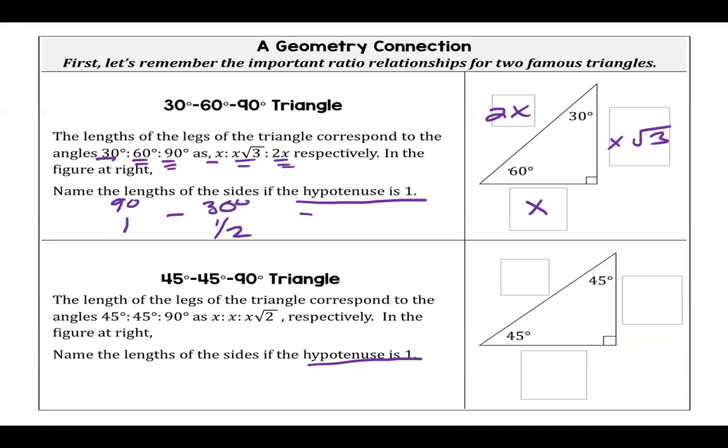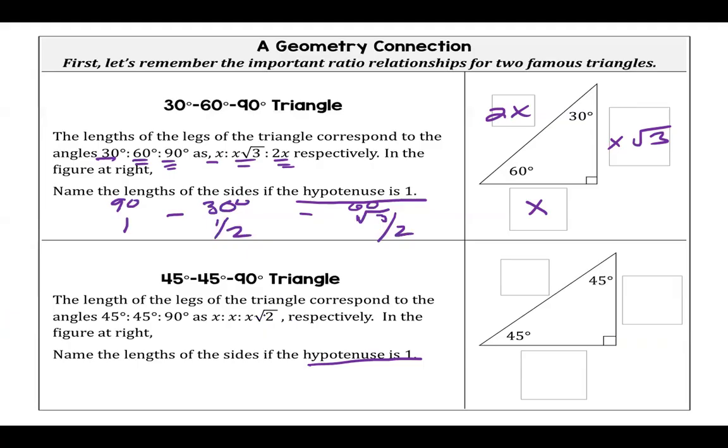And if x equals 1/2, what does that mean across from 60 equals? 1/2 square root of 3. So I'm just going to write square root of 3 over 2. These are very important numbers. They're going to be used for the rest of your life in this class. All right, but do we see where they came from?